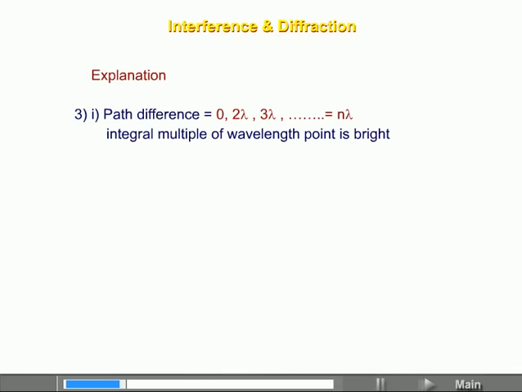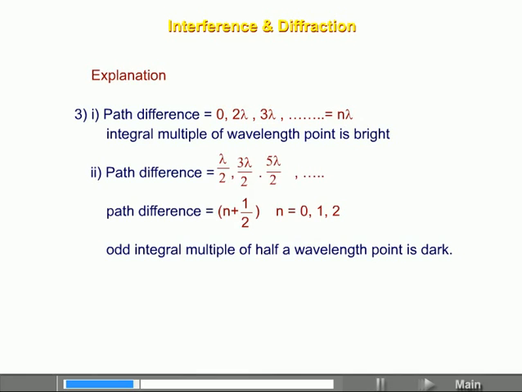Path difference is equal to 0, lambda, 2 lambda, 3 lambda and so on, equal to n lambda, integral multiple of wavelength. Therefore, point is bright. Path difference is equal to lambda upon 2, 3 lambda upon 2, 5 lambda upon 2 and so on.